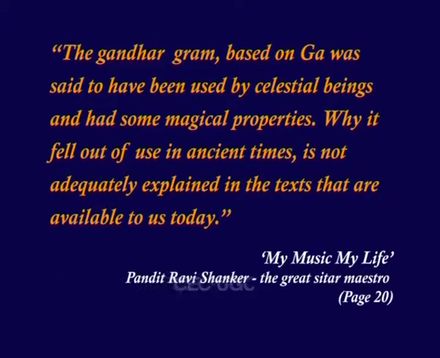Why it fell out of use in ancient times is not adequately explained in the texts that are available to us today. Bharat, in his Natya Shastra, and his following scholars only mentioned this. The mention of this gram is also found in Sangeet Makarand and Sangeet Parijat.